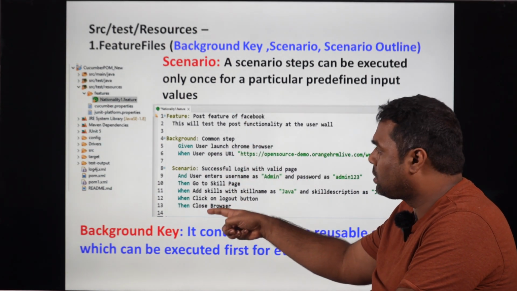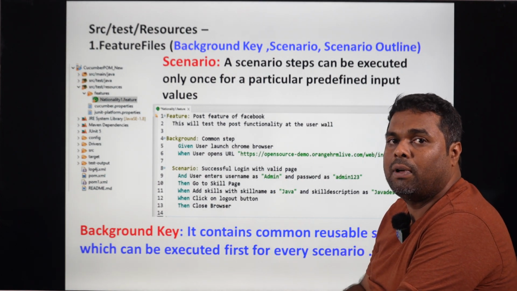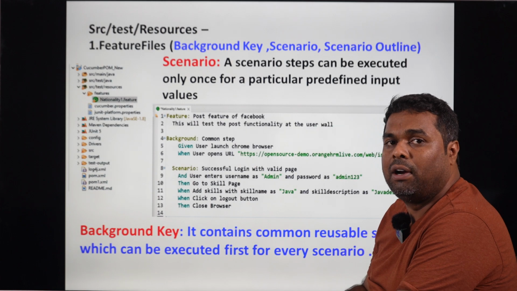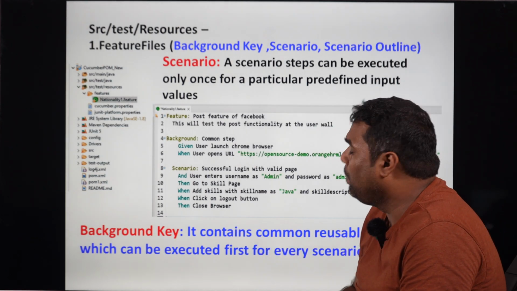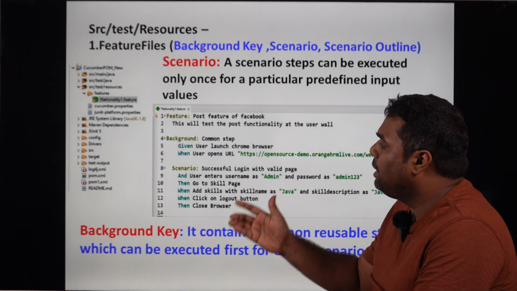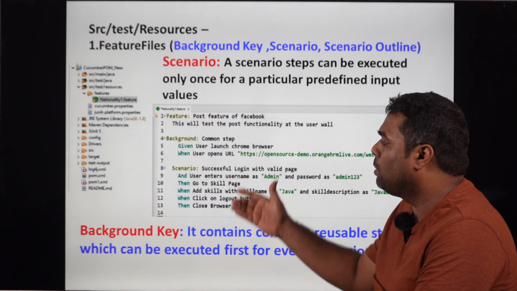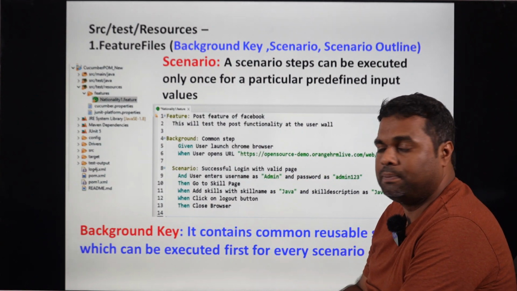This set of steps defines a particular test objective, the creation of a skills record in the Orange HRM application. Simply, a scenario in a feature file is a set of steps executed only once for a particular test objective.